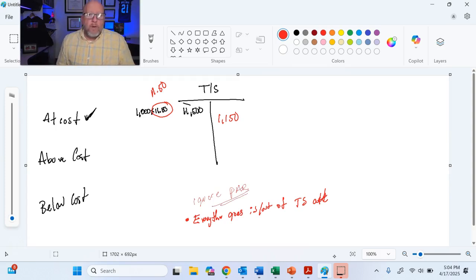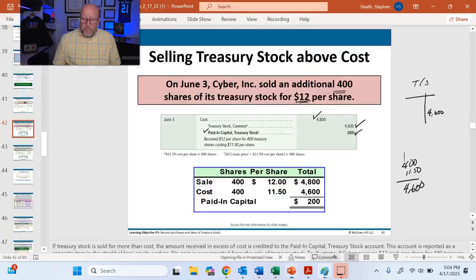Every time I'm ignoring par value. Okay? So the first rule, in and out of the treasury stock account at cost. Second rule, we never worry about par. This is in excess of the cost that we paid to acquire those shares.